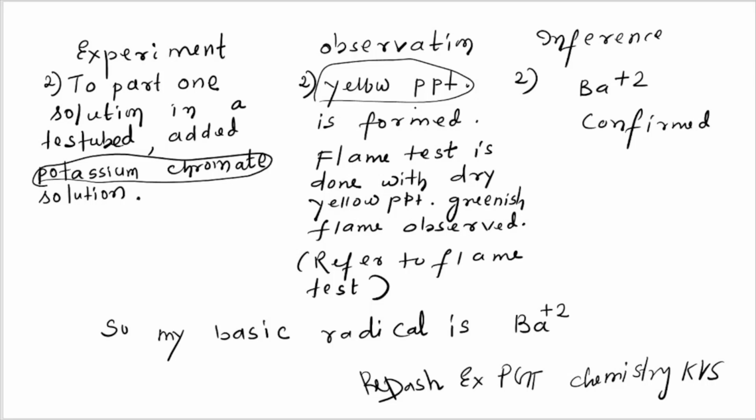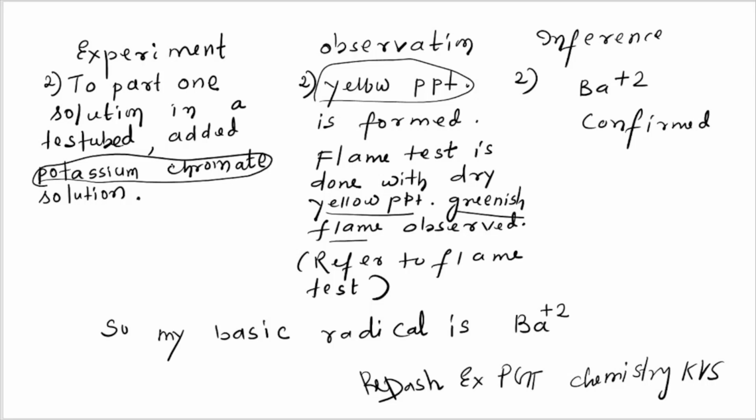I told you, flame test means what to do? A platinum wire is dipped in concentrated HCl repeatedly and shown to the flame, and after that it is touched to the salt, and shown this yellow precipitate gives a greenish flame. So it is Ba plus 2 confirmed.